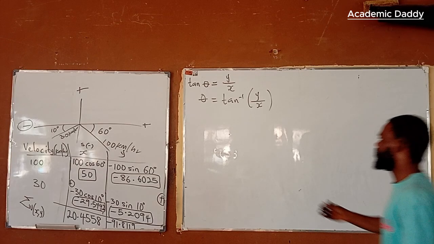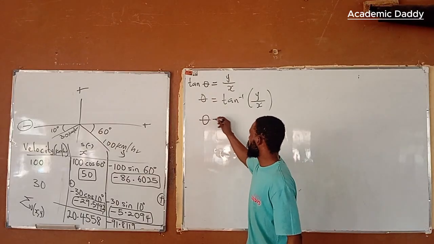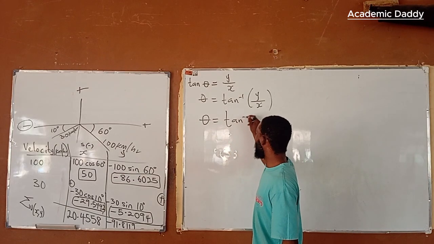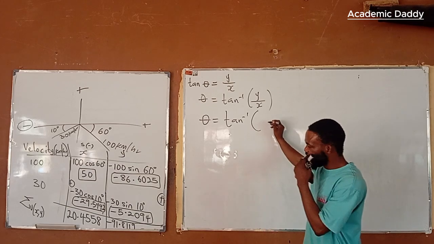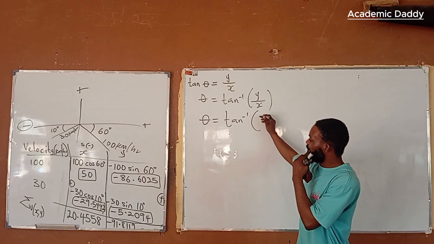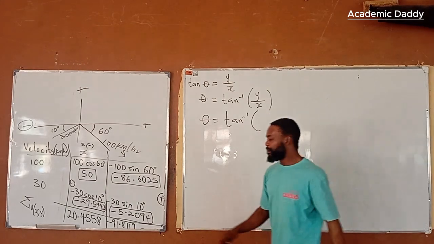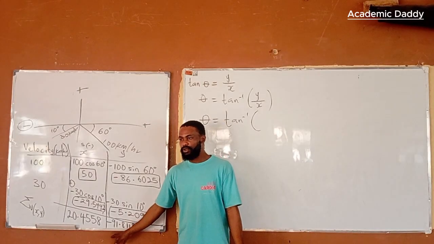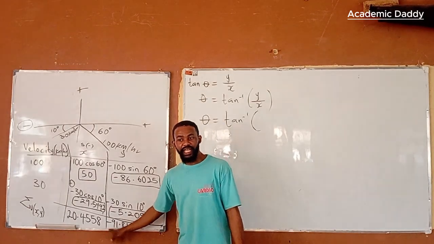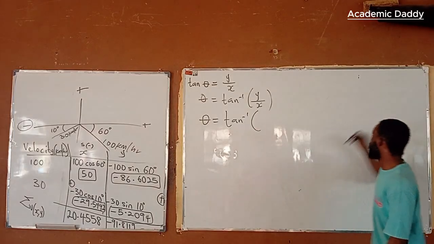So I will now have theta equals tan inverse of, what's the y? I will not put that minus. Hope you know we don't put minus for angle. This minus is only showing me the direction. See what this minus is trying to do for me.